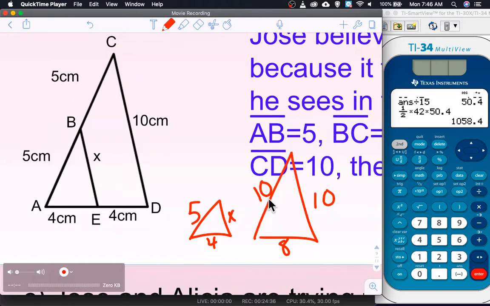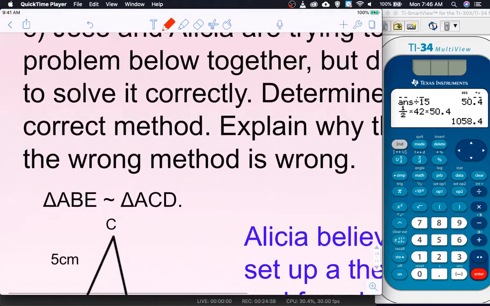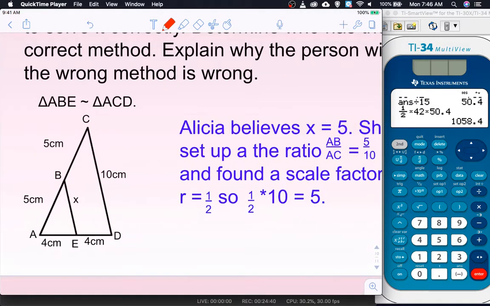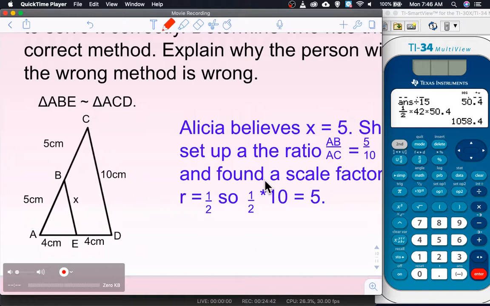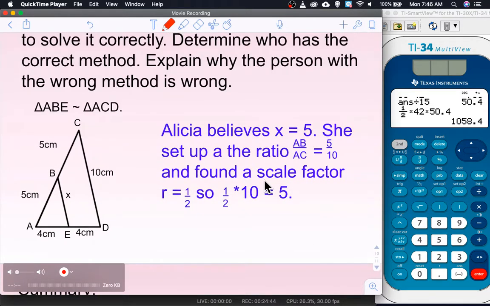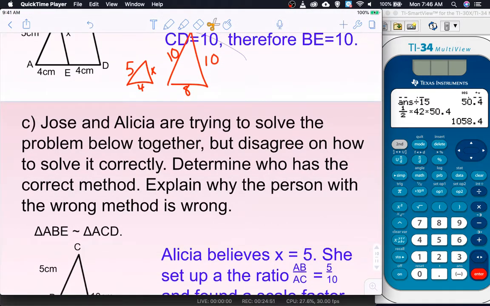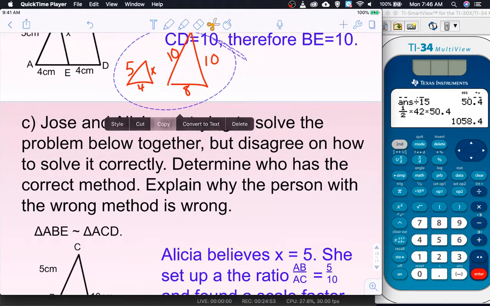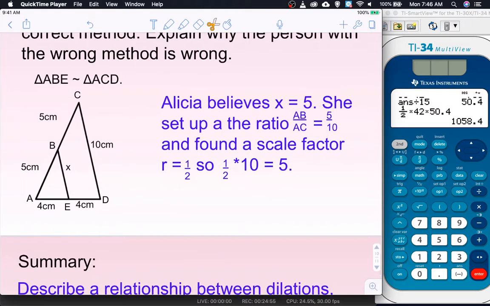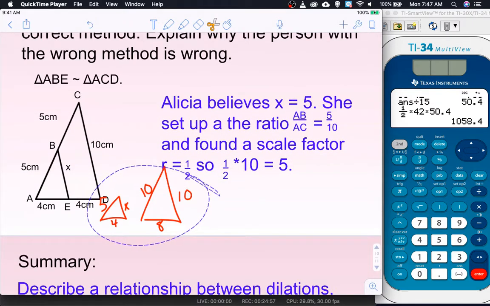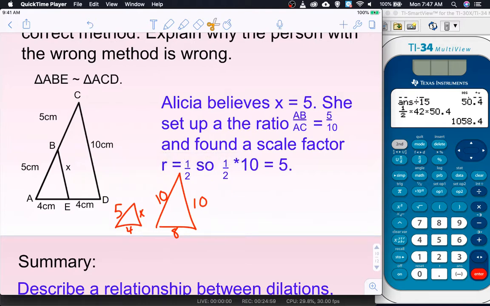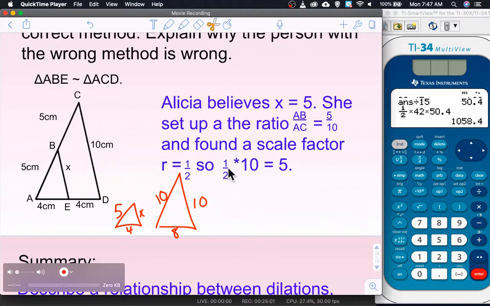Okay? Alicia's method does work. The scale factor here between these two triangles is 1/2. So Alicia found the scale factor of 1/2.